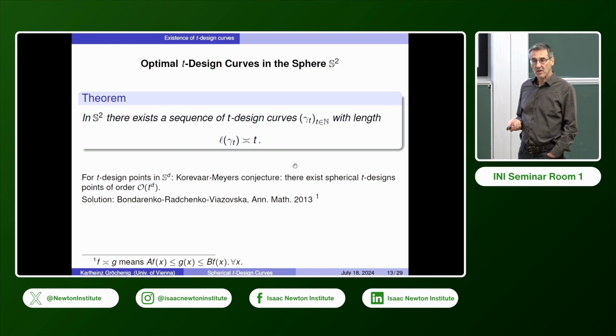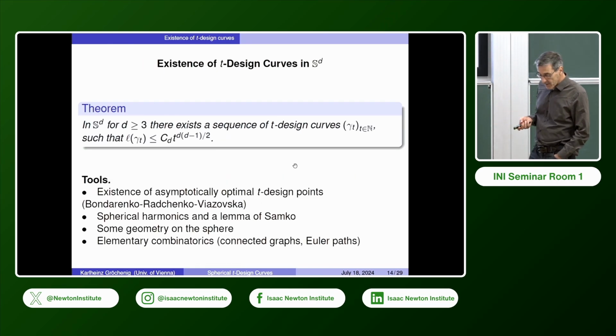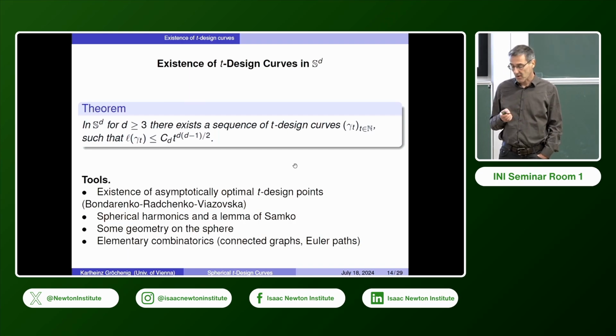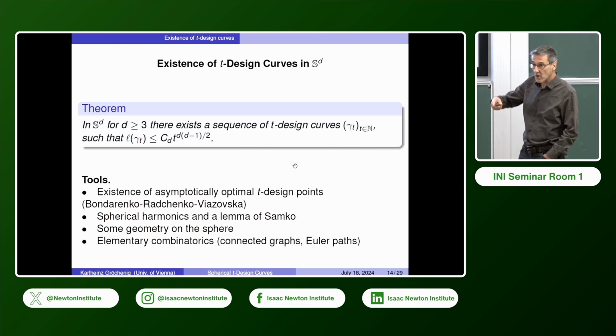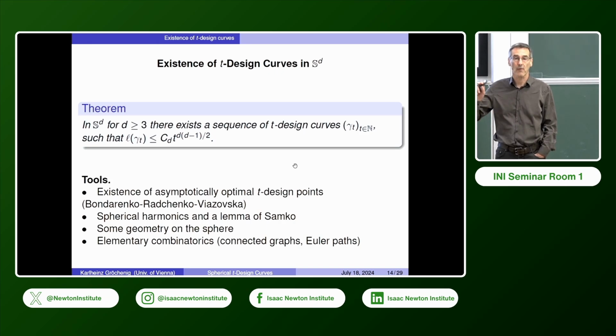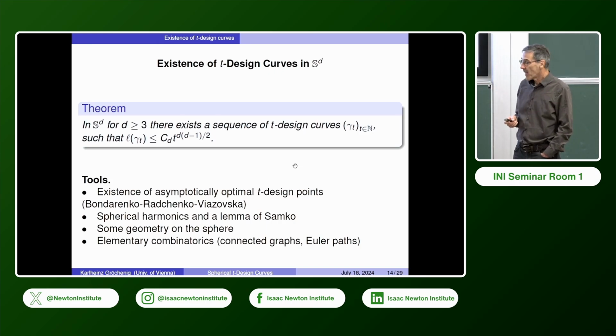Next question is, of course, higher dimensions. And there, all we can show is the existence of t-design curves. So for every t, there exist curves that satisfy the quadrature rule, but the length is bounded by degree to the d times d minus 1/2, so roughly t to the d squared.